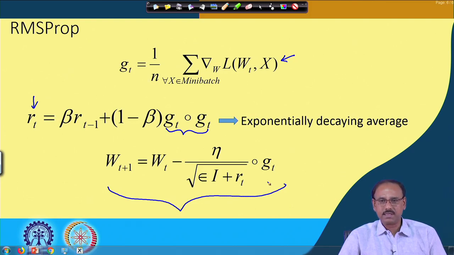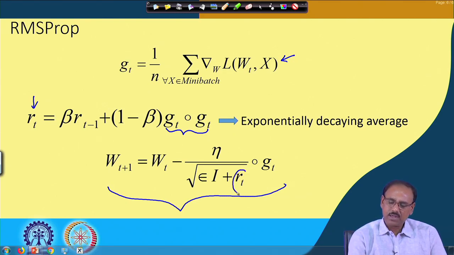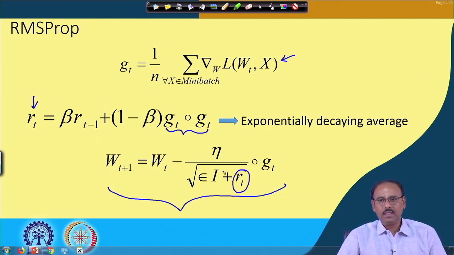This algorithm remains the same as before. The only difference is that this RT is not the cumulative sum of squared gradients, but the exponentially decaying average of the squared gradients.